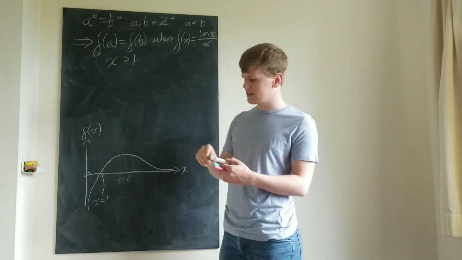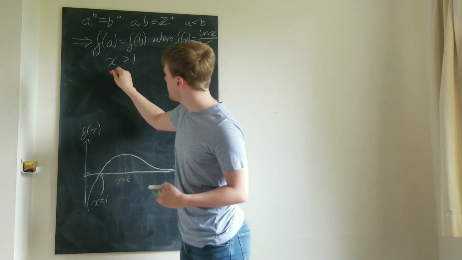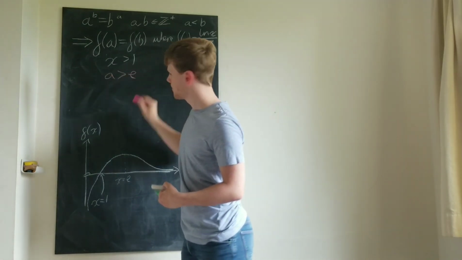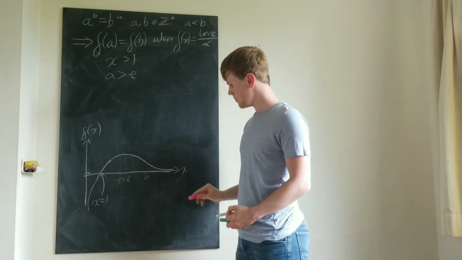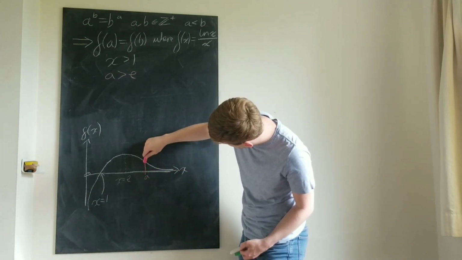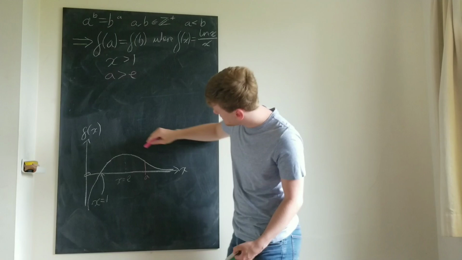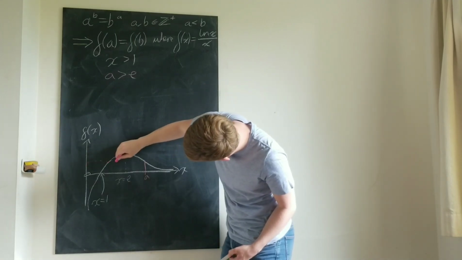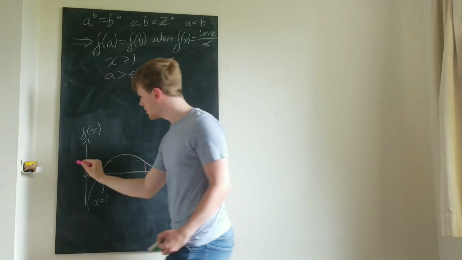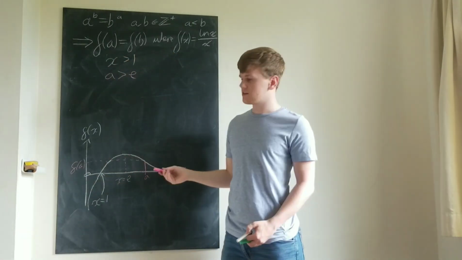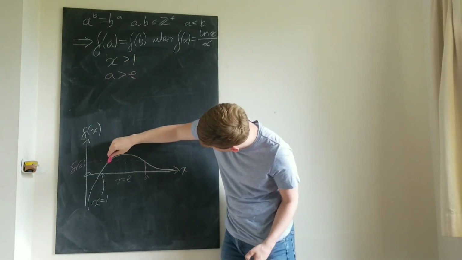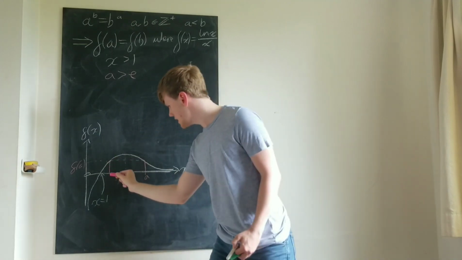Now, if we had a greater than e, then we would have our a somewhere here. Now, f of a would be here, and we have our f of a, and f of a is the same as f of b, so our b must be here.